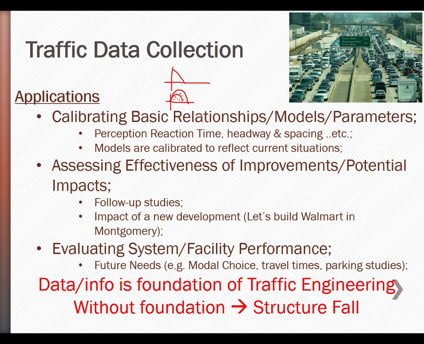Also for headway, spacing, and any kinds of models, if they're mathematical or computer models, they are usually calibrated to reflect current situations. So you have new conditions on the road, new cars, better cars, electric cars. So we need to take this into consideration, and it will definitely affect your model.